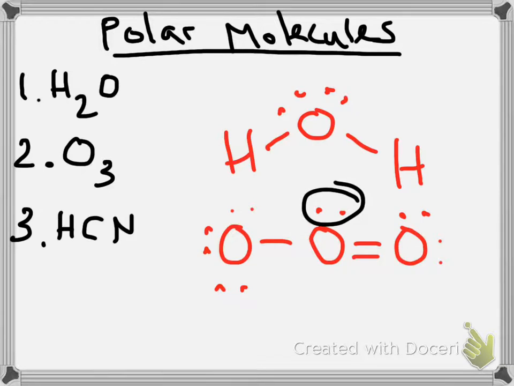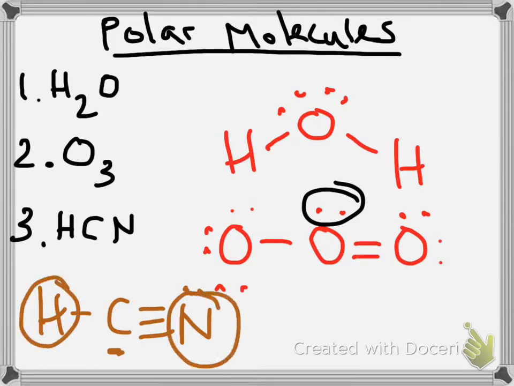So this is also polar. And our last example is HCN. Okay, there's no lone pairs on our central atom, but H and N have different electronegativities, so this is also polar.